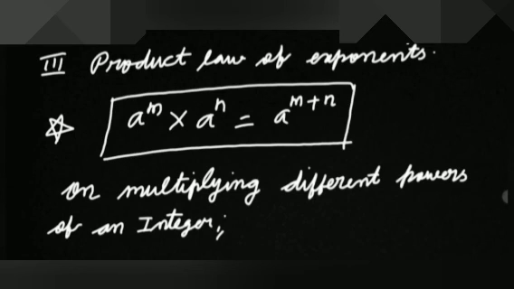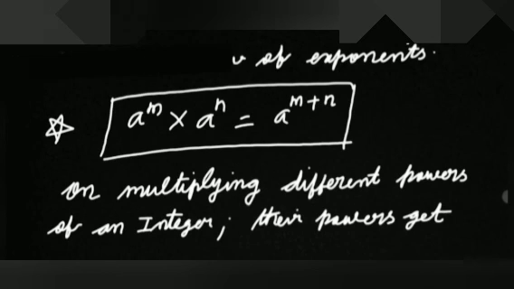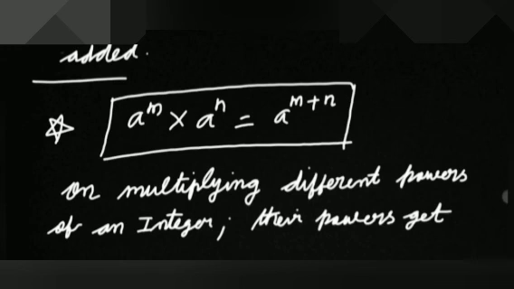On multiplying different powers of an integer, their powers get added. On multiplying different powers of an integer, what is the rule?